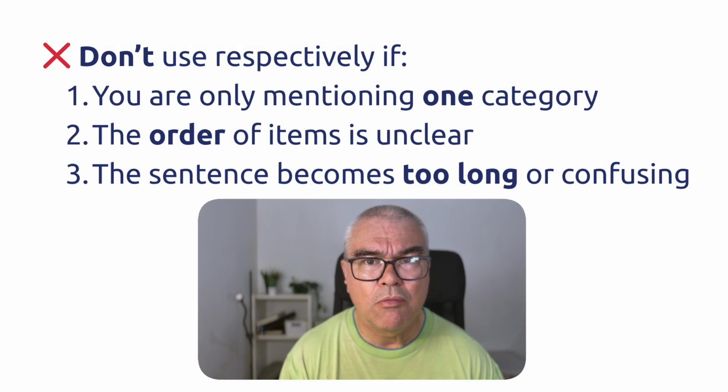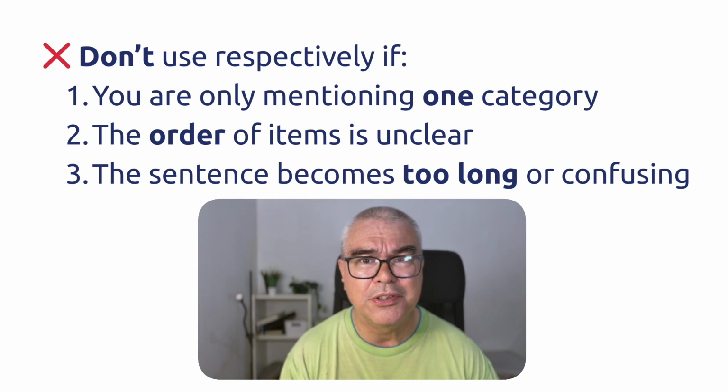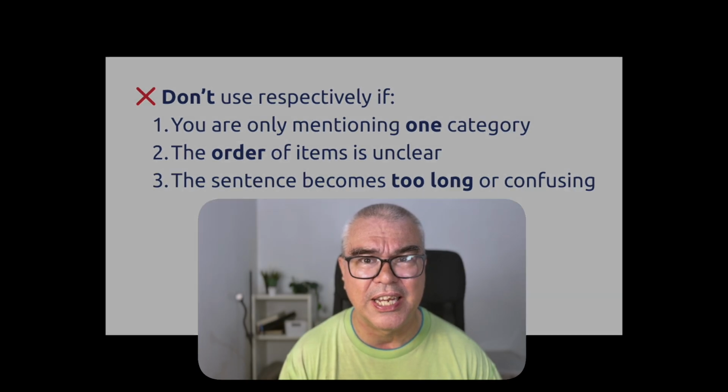Number one, when you are only referring to one category. Number two, when the order of items is unclear. And number three, don't use respectively if your sentence is going to be too long or confusing.